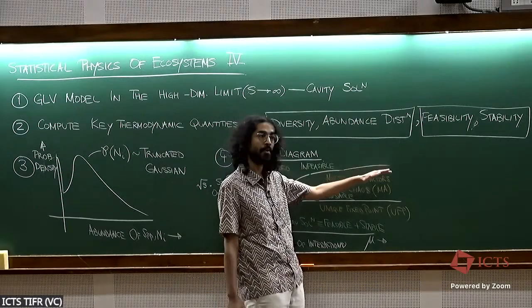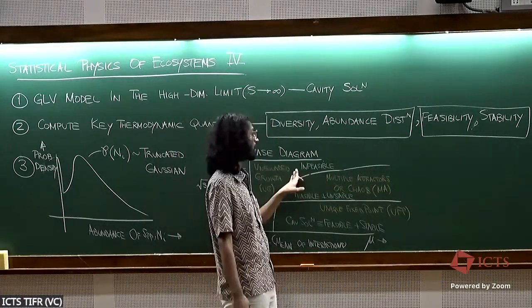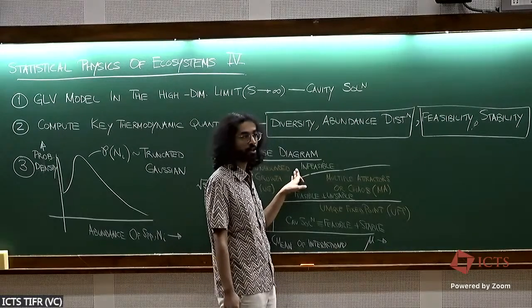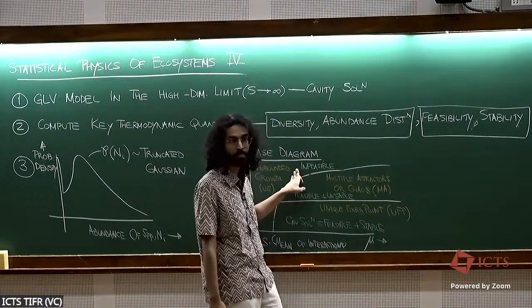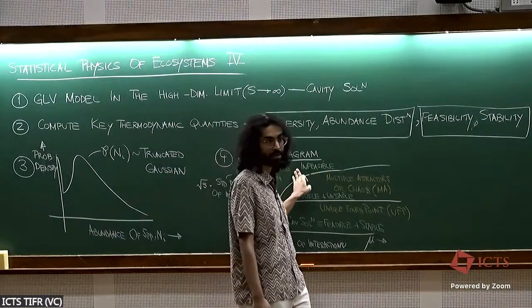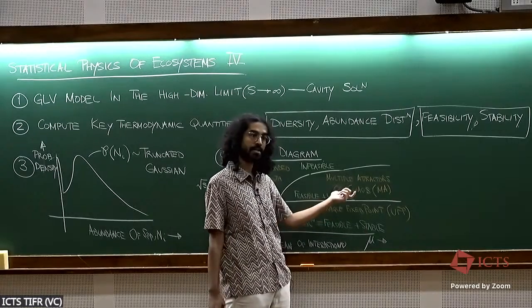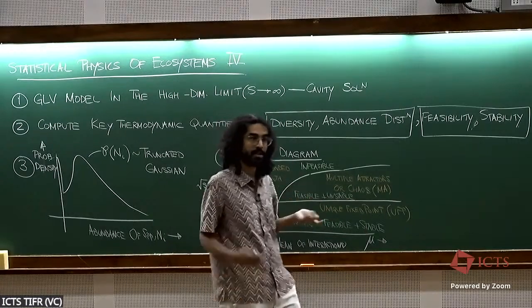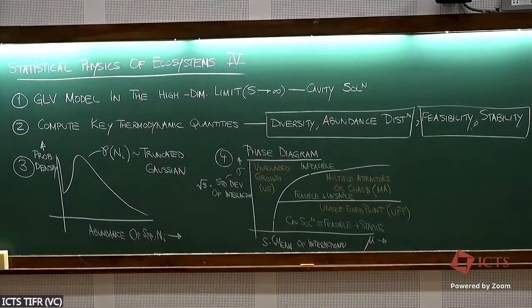This phase boundary is also called the infeasibility phase boundary, because at this point, the cavity solution will generically cross over to become infeasible. And of course, when it's infeasible, there's no sense in talking about its stability, right? So there's really feasible plus stable, feasible plus unstable, and then an infeasible phase. These are really the only three phases you could expect given the qualitative behavior.